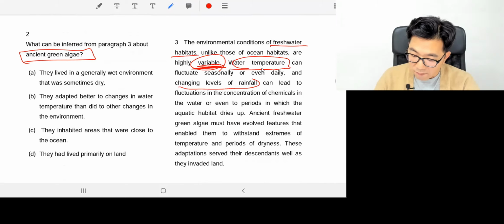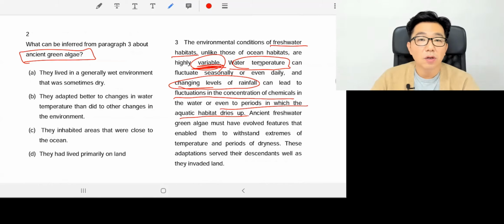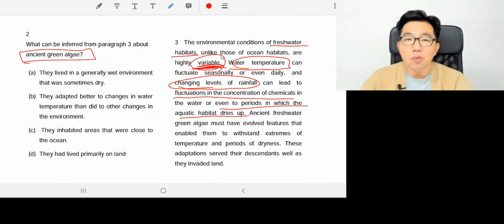Changing levels of rainfall can lead to fluctuations of chemicals in freshwater, or even to periods in which the aquatic habitat dries up. Okay, so water temperature and changing levels of rainfall vary a lot in freshwater habitats compared to ocean habitats.